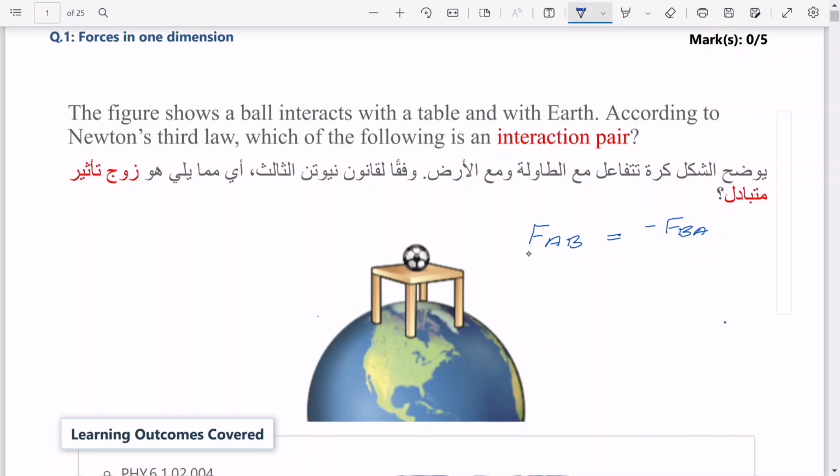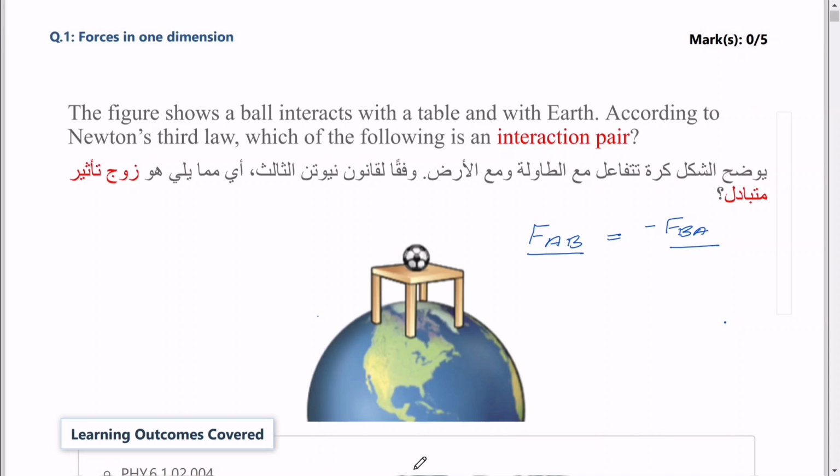If this is the action, this is the reaction. When an object applies a force on another object, the other object will apply an equal force on the first object in the opposite direction. This is Newton's third law.